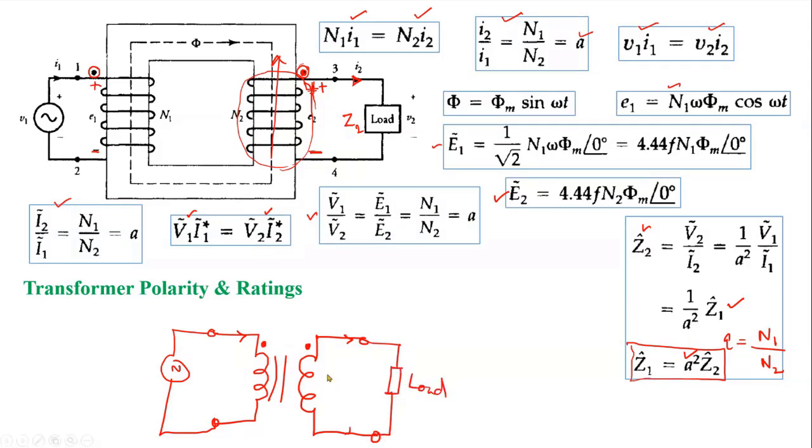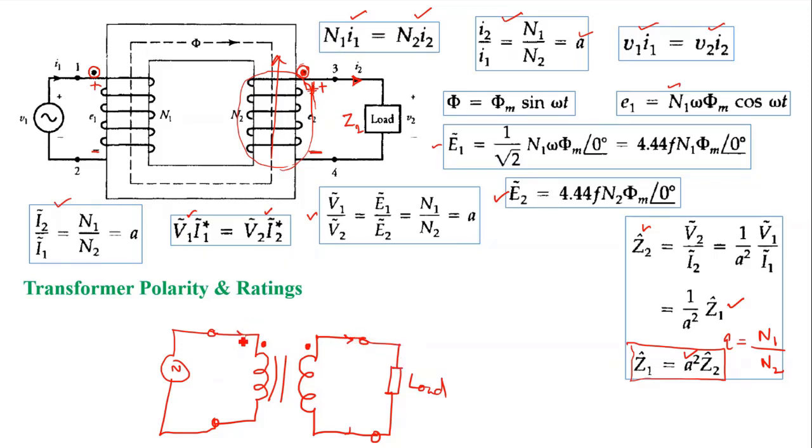Okay. So this says the polarity, by the principle of operation of the transformer: when the current is entering at the dotted terminal of the primary winding, the current should leave at the dotted terminal of the secondary winding, right?